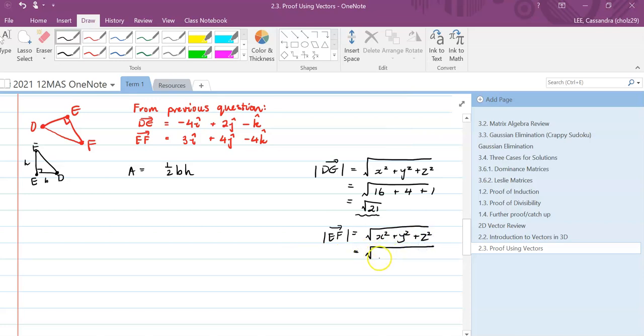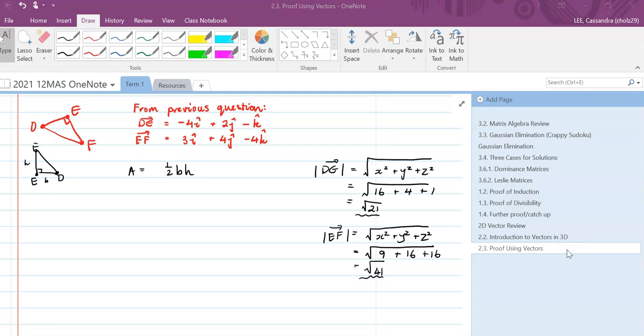So in this case, that's going to be equal to the square root of 3 squared plus 4 squared plus negative 4 squared. So this is going to be equal to the square root of 41. And again, I'm going to leave that as an exact value.